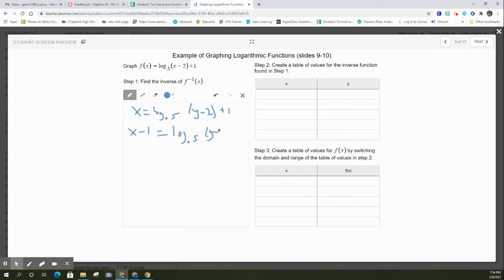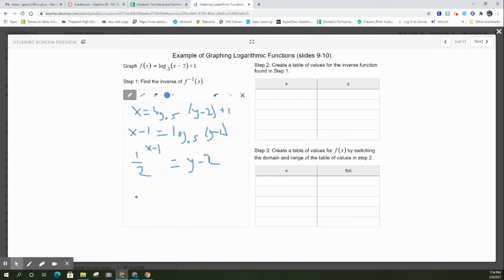Now I could rewrite it. 0.5, I'm just going to switch that to a fraction, 1/2. The log is the exponent, so this x minus 1 is the exponent, equals y minus 2. And I'll just add 2 to both sides.